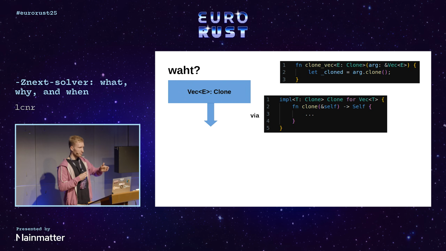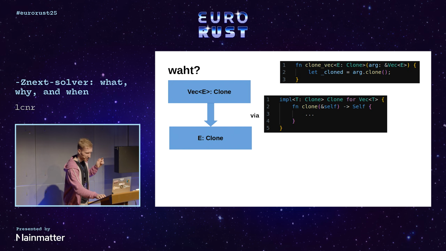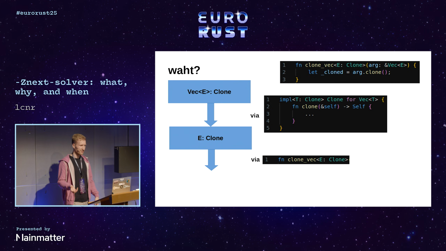And after using this impl, we now only need to prove the where clauses of that impl. So all vectors of T implement Clone as long as T is Clone. We've got a vector of E, so we need to prove that E is Clone. This time there is no impl, but we do have something else. We do have the where clause on the function.